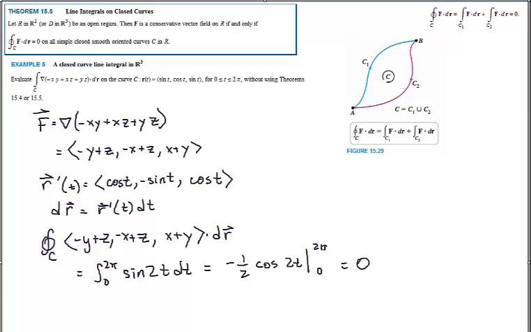So this line integral of this conservative vector field on a closed curve C is 0.